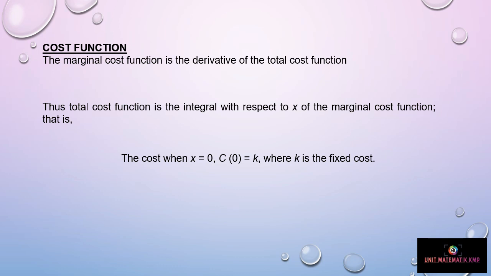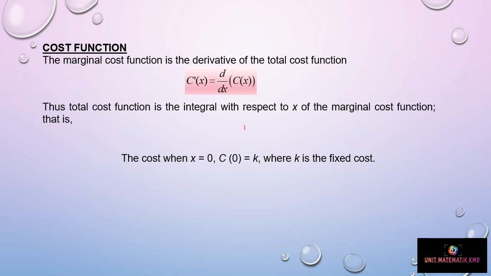Cost function. The marginal cost function is the derivative of the total cost function. So, C prime x equals d over dx of C(x). Thus, the total cost function is the integral with respect to x of the marginal cost function.